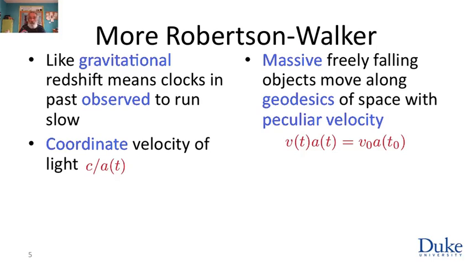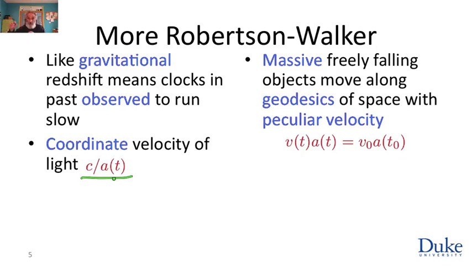It's also true that if you plot how fast light moves, of course light moves at the speed of light, but that doesn't mean that it moves at the speed of light in our coordinates, because remember, our coordinates are tied to observers. X equals 3 is a particular flake of dust that is moving away from all other flakes, and so the speed in these coordinates with which light moves is slowed down as the universe expands.